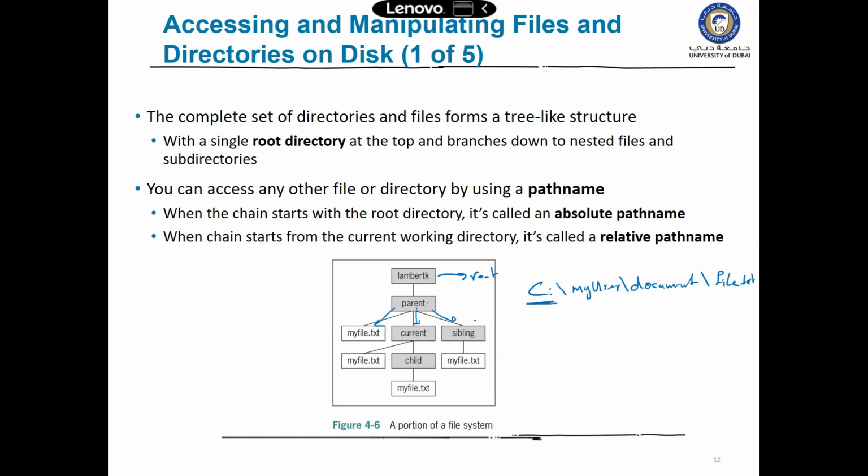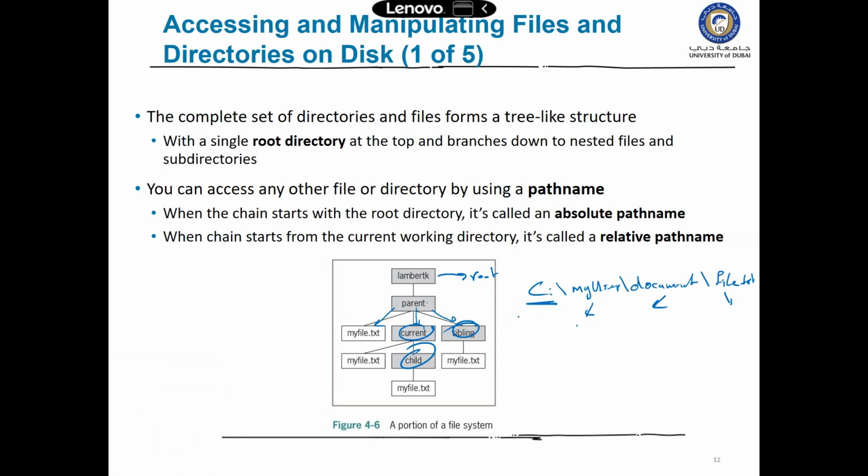So this is the beginning, that's the root, that's my parent, and there are subfolders. So let's not worry about these current, sibling, child names. For me, they are all called subfolders or subdirectories.